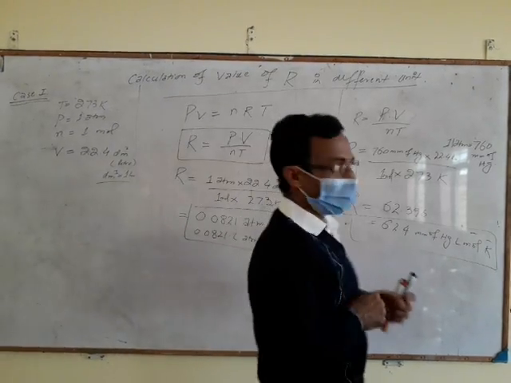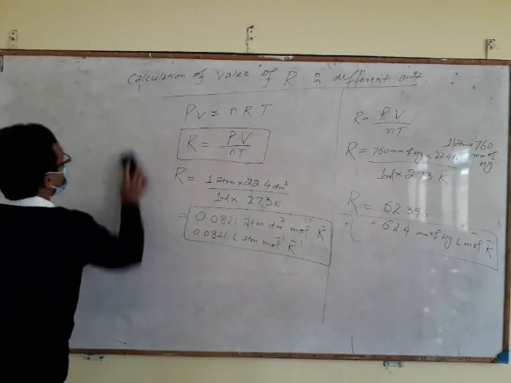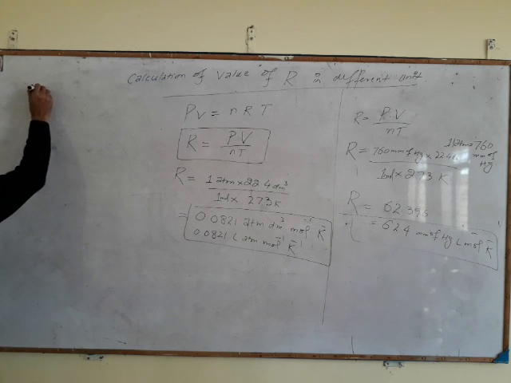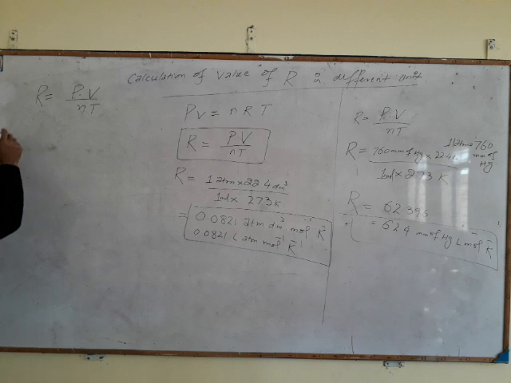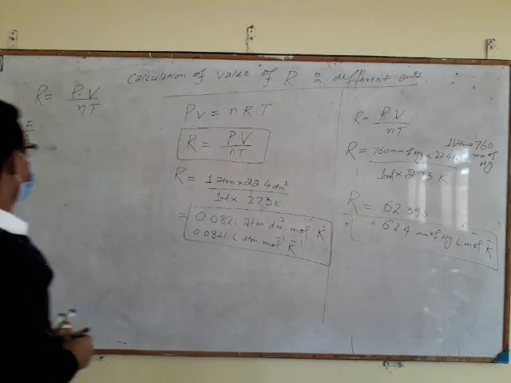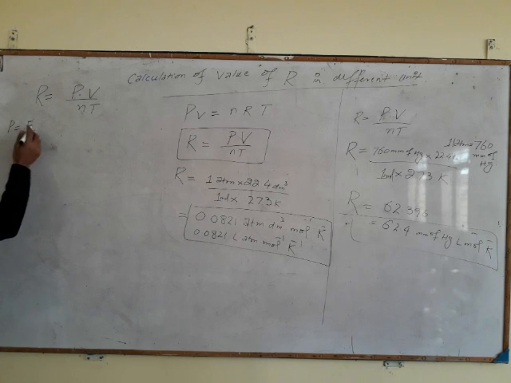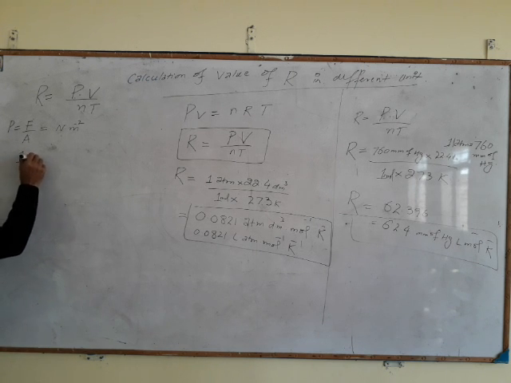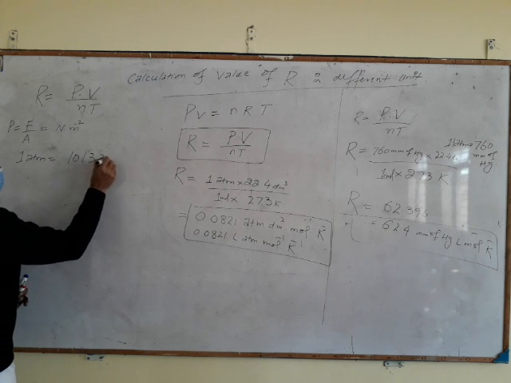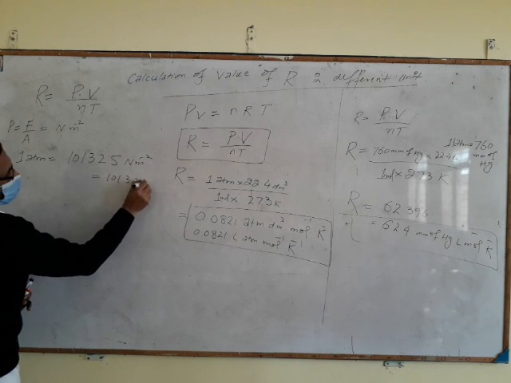Similarly, we can calculate the value of R in SI units. Now 1 atm atmospheric pressure is equal to 101325 Newton per meter square, or 101,325 Pascal.